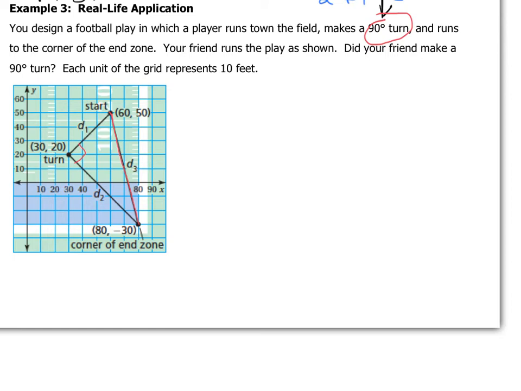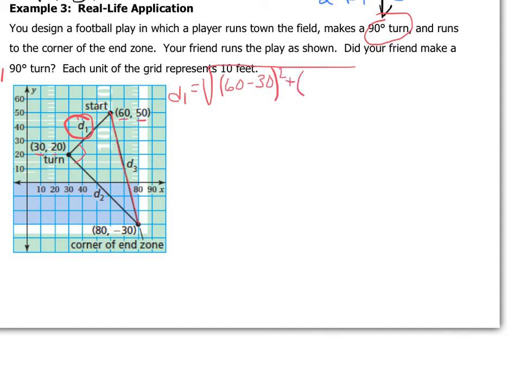So I'm going to focus on each one. Here's our first one we're going to try. We're going to do D1. Big long square root sign. I'm going to take my x's and my y's for the first one to plug into the formula. So the first piece is 60 minus 30 squared.